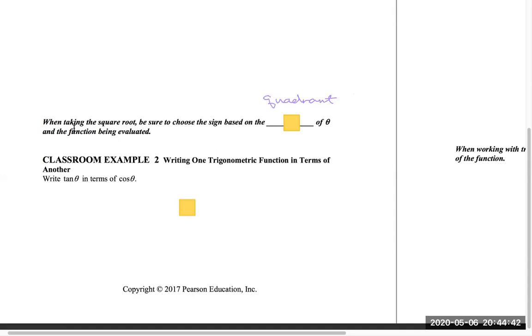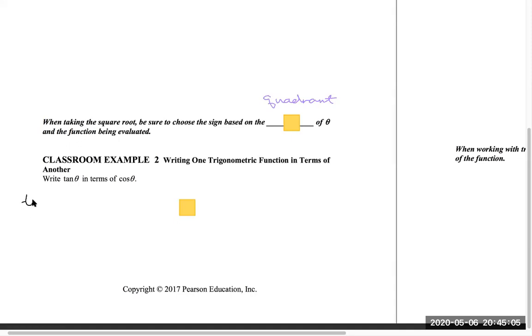All right, let's go to classroom example 2. This is writing one trig function in terms of another. So the problem here is we don't have one function at this point that relates just tangent theta and cosine theta without another trig function.